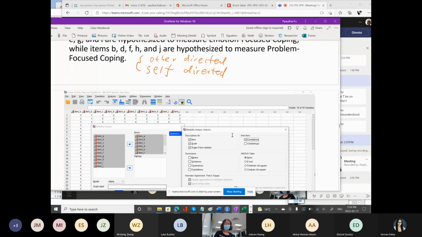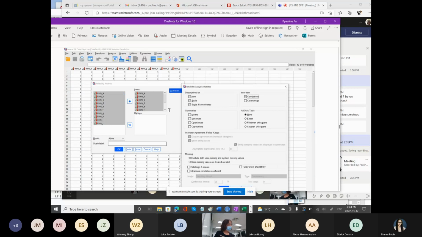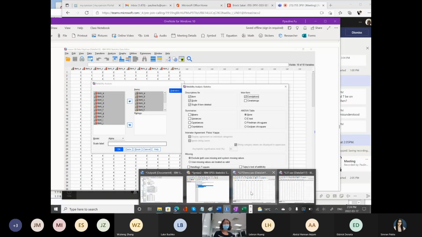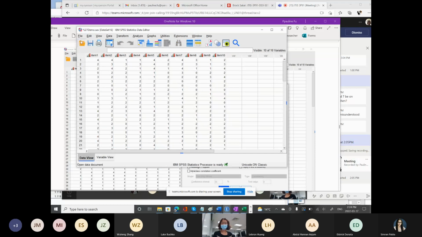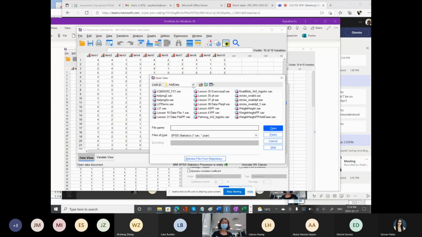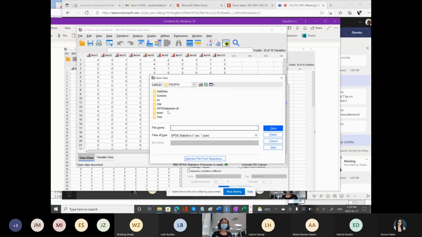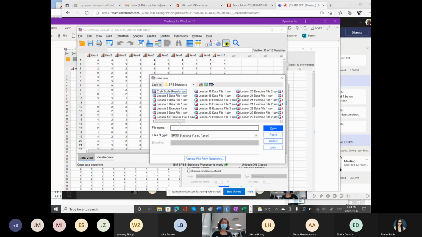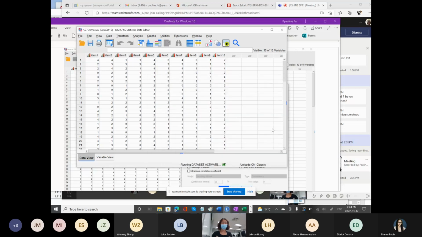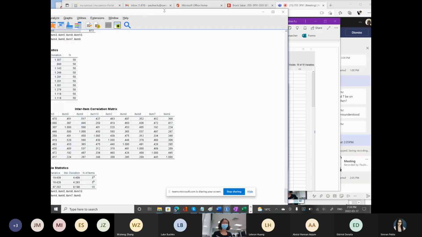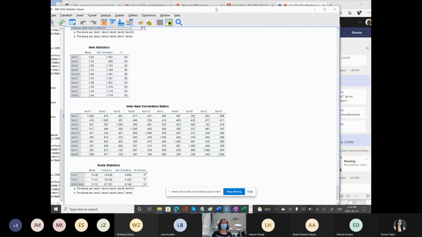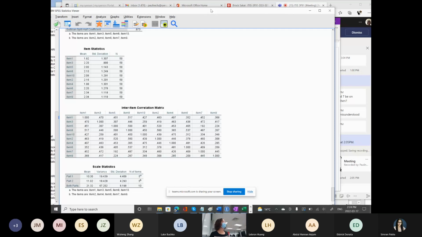Single construct. For single construct, let's go to the data first. So I'm going to open lesson 38. We just started lesson 38.